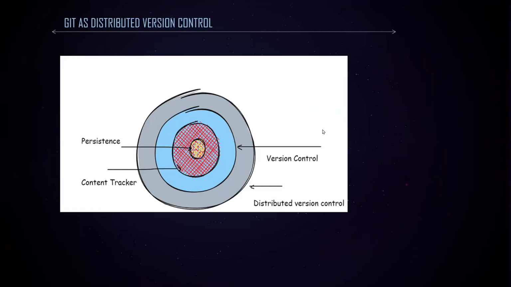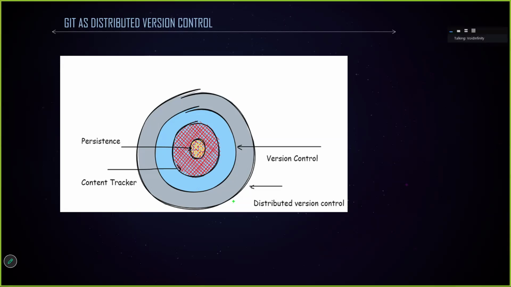I will zoom in a bit. I think this is good. Right, so this top layer, consider this as an onion. I think most of you, if you're from a computer background, might have had this lesson in your academics about operating systems.